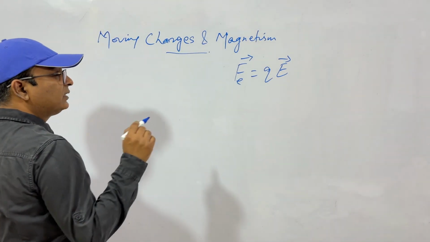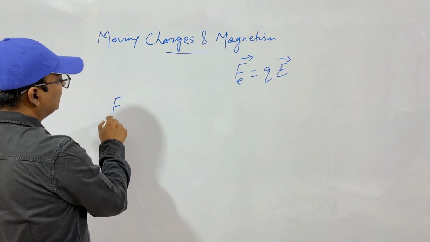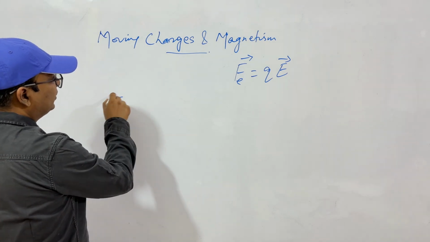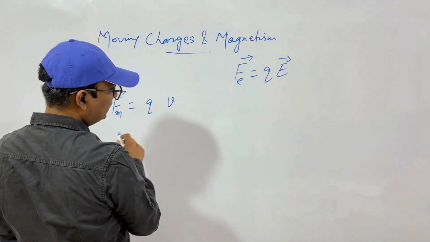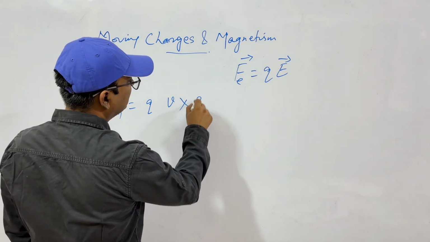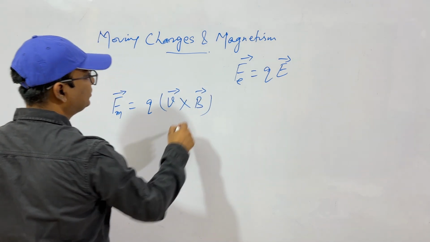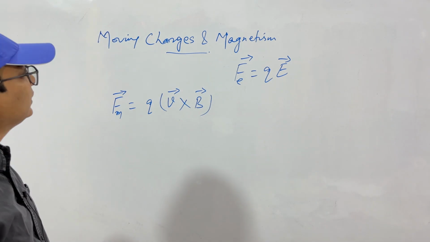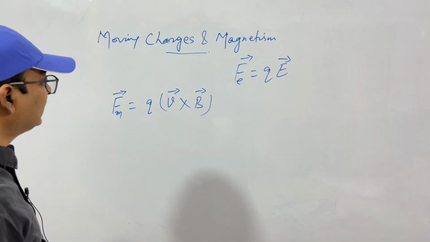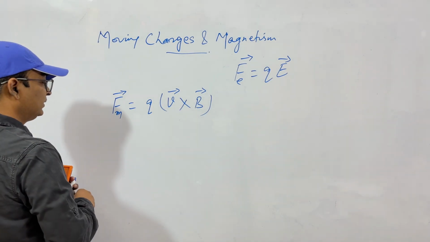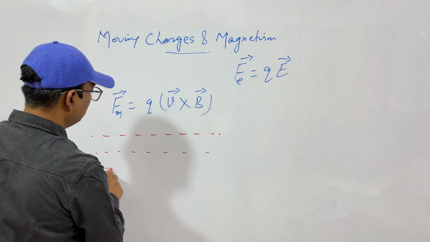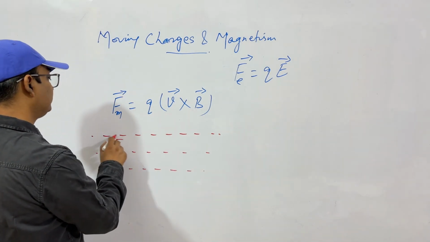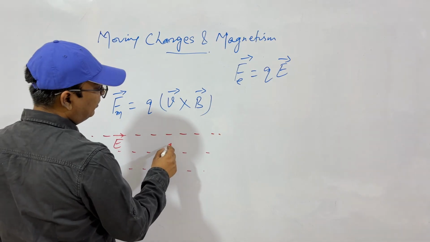Due to a moving charge, we have another force, let's say Fm, magnetic force, which is given as Q, V, that is velocity, cross B. This is a cross product, V cross B. Let's say this is your electric field, E, and let the magnetic field be this.